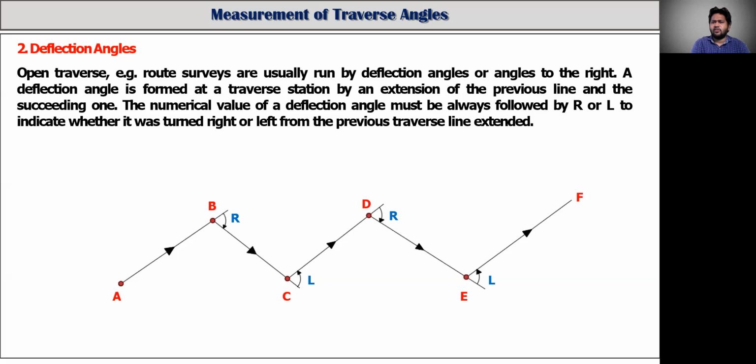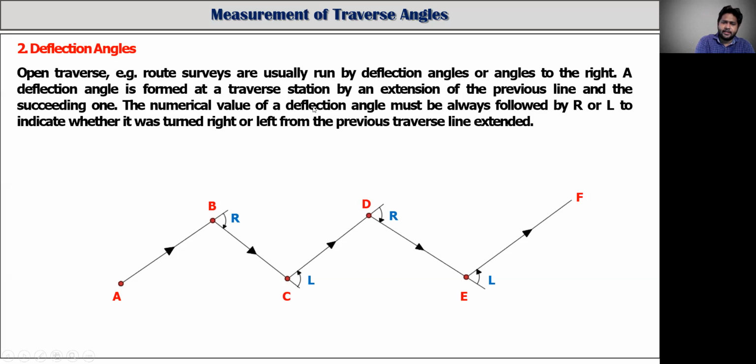The numerical value of a deflection angle must always be followed by R or L to indicate whether it was turned right or left from the previous line extended.